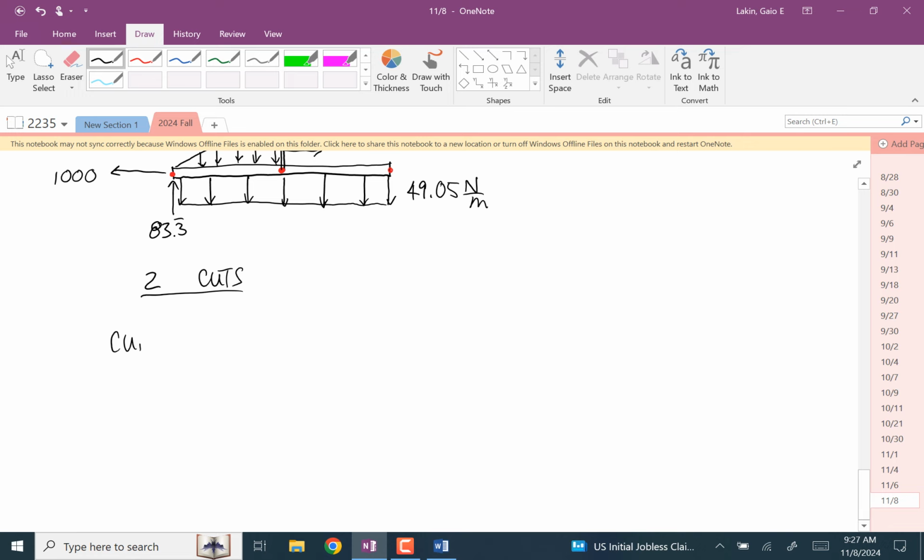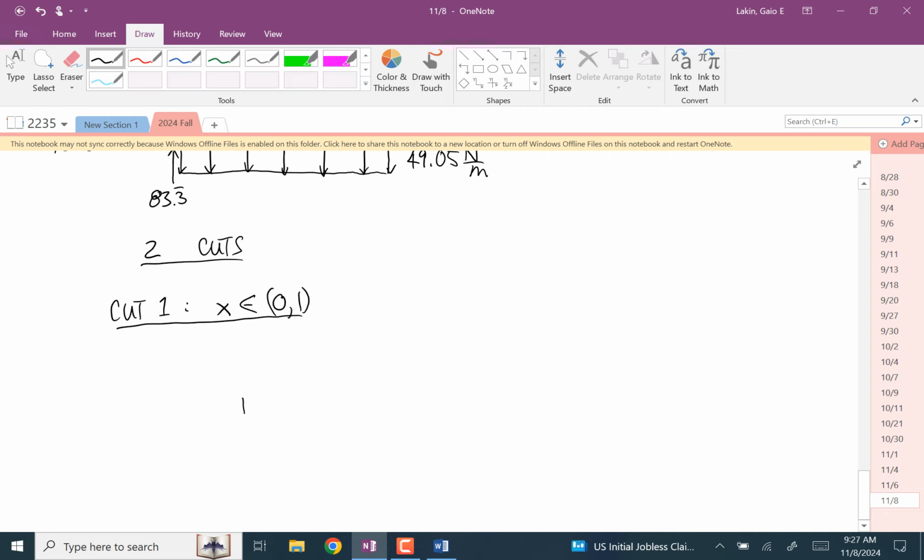Okay, so cut 1. This is for x values between 0 and 1. Remember that our cuts always go all the way from the left end. I'm going to erase this just because it's going to get cluttered otherwise, but what that means is we're leaving off all of this.